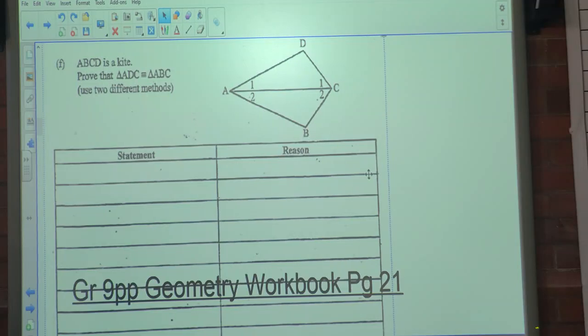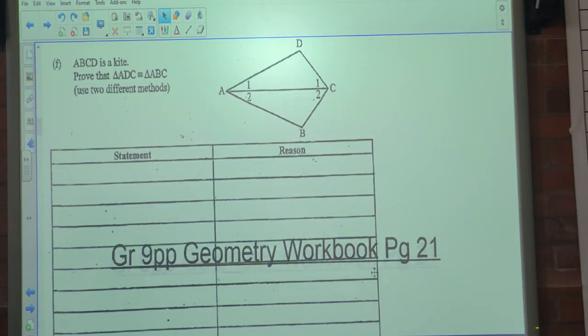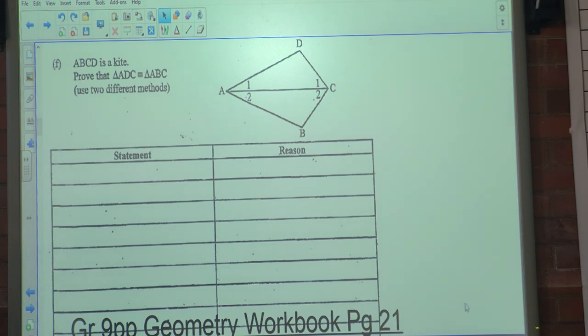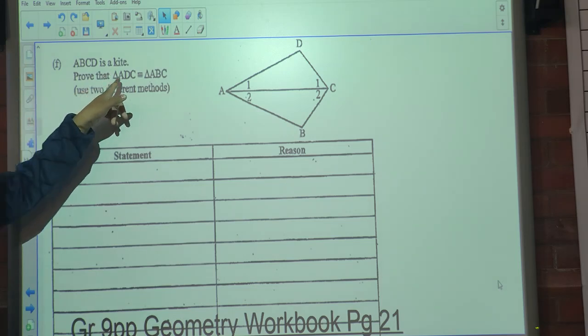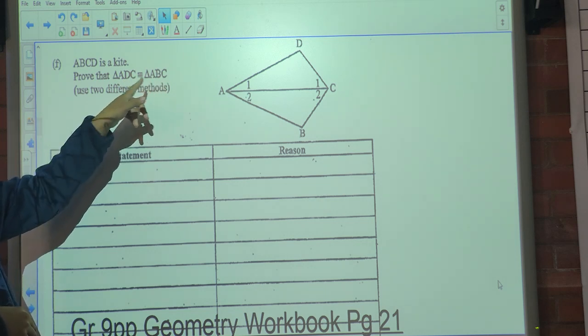If we are told that ABC is a kite. Now there are properties for kites. Okay, we know that. I know yesterday you guys have written all the rules down, but for properties of a kite, I think there's 5. Okay, but it says prove that triangle ADC is congruent to triangle ABC.